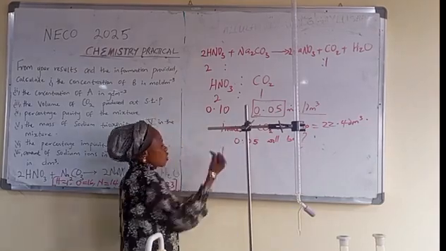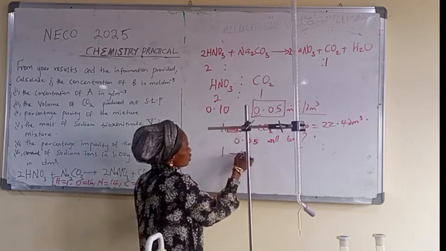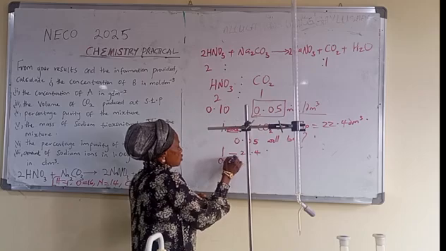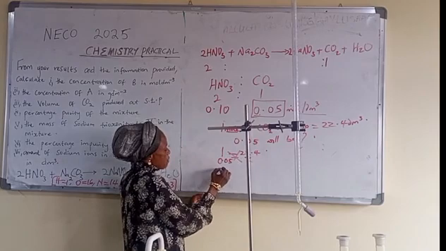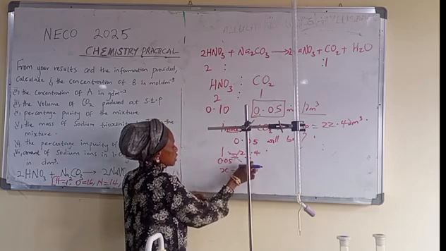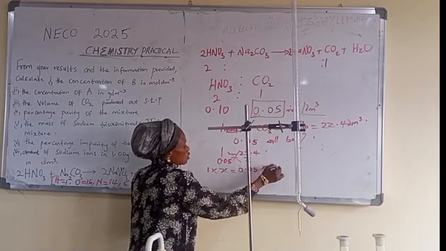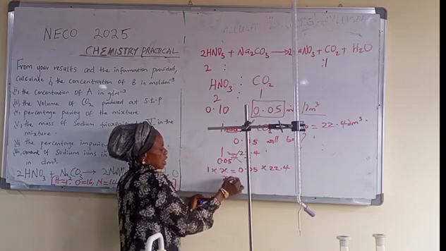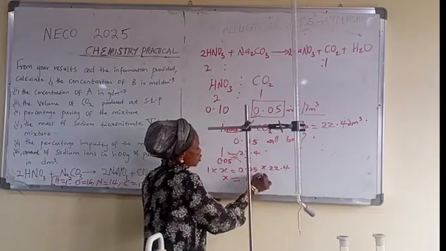So let's just do one shortcut here. 1 mole, I want to remove the mole. 1 is 22.4. Then 0.05, I want to put this so that I can just multiply. So my x will just be 0.05 times 22.4, and I have 1.12.